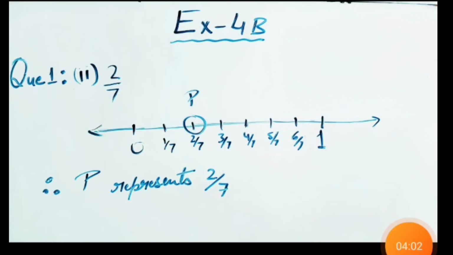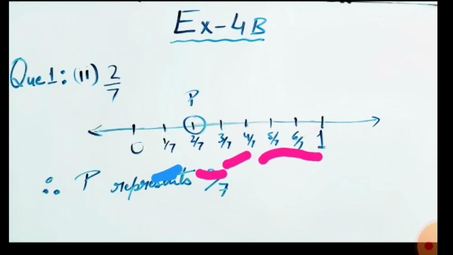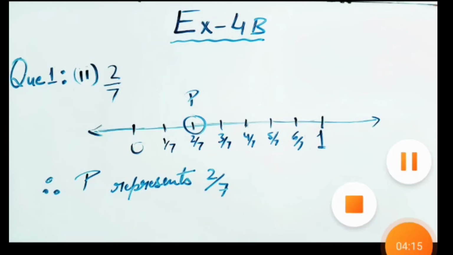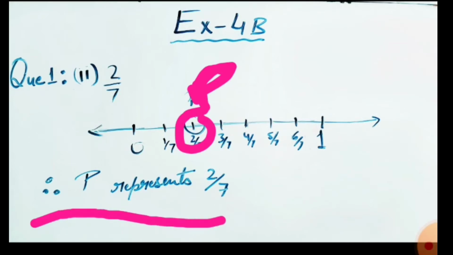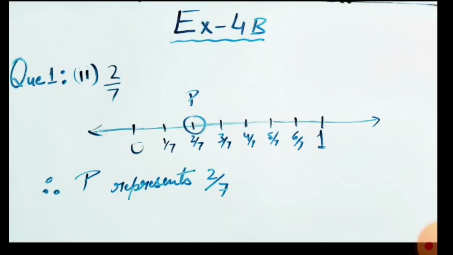So the first part is 1 by 7, second is 2 by 7, then 3 by 7, 4 by 7, 5 by 7, 6 by 7. We need to represent only 2 by 7, so we'll make a circle on it and write point P. Any name we can give: P, Q, R, A, B, C, D, M, any name you can give. And at the end you will write, therefore, P represents 2 by 7.